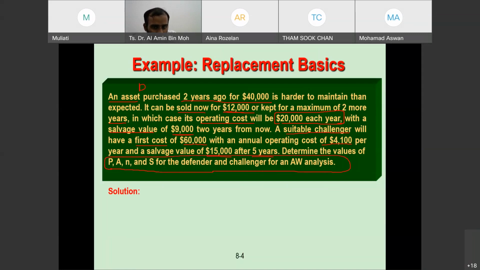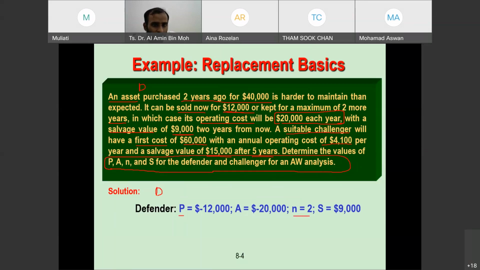So for the Defender, we have identified here: P is 12,000. Why 12,000? We discussed it, right? If you sell now, it's P. A is 20,000. N is 2.